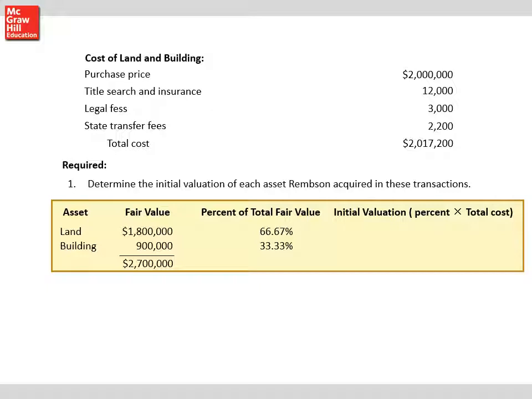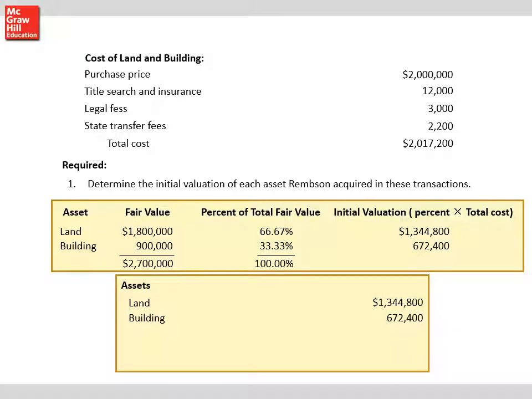So we take the total cost of $2,017,200, and 66.67% of it is how much will be allocated into the land account. 33.33% of the total cost of $2,017,200, $672,400, will be allocated to the building. So we would debit the land and the building for those amounts.